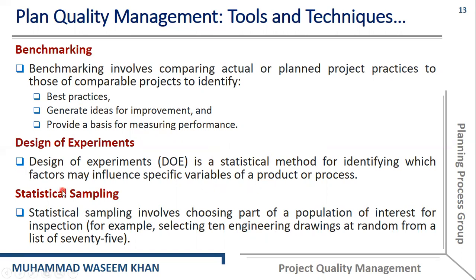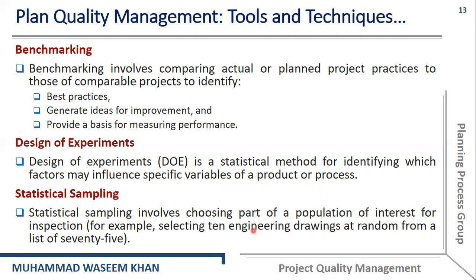And then we have the statistical sampling. Sometimes it is very difficult to investigate each and every part or each and every step of a process. So in those cases we actually consider some samples. We take some samples from the population. For example, in an engineering project, we have a list of 75 engineering drawings.